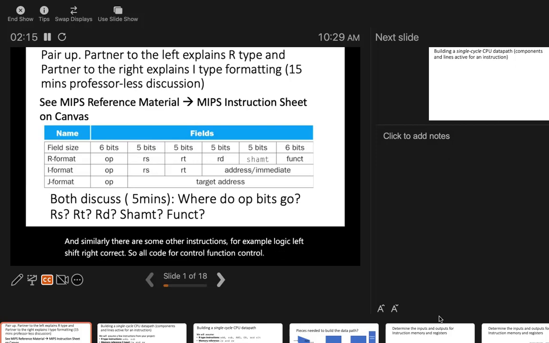Exactly. And similarly, these bits RS, RT, RD, you're using them to find out what registers these are. So think about hardware. Where should these bits go?